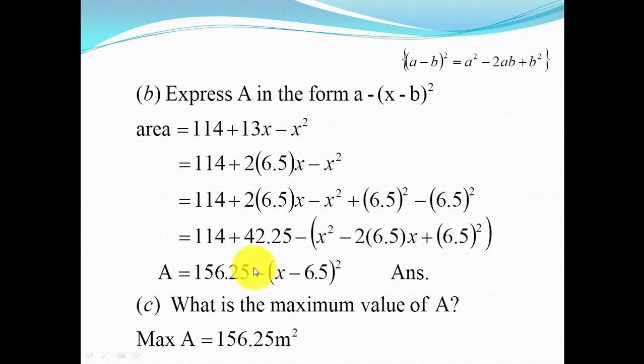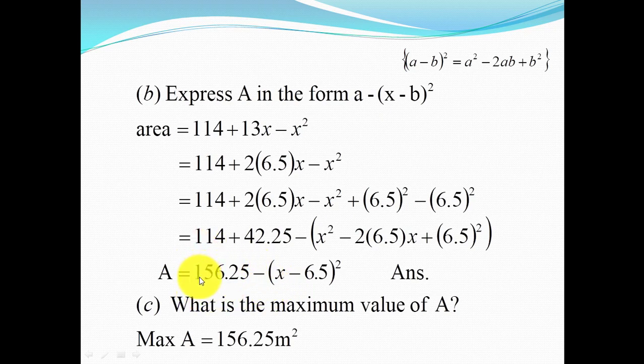So the value of this round bracket squared is positive, and the negative appears outside of this expression. It means that for each value of x, this digit becomes negative, which decreases the value.